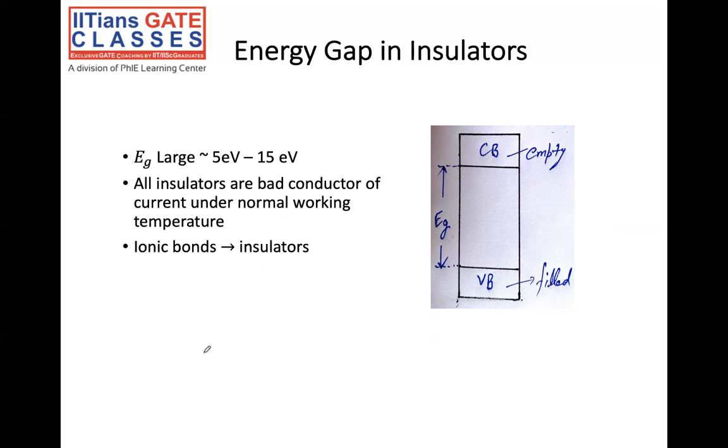So here we can see the energy gap between valence band and conduction band is very large. It means we need a large amount of energy to break an ionic bond and make the electron free for the conduction. That is why these are very bad conductors of electric current.